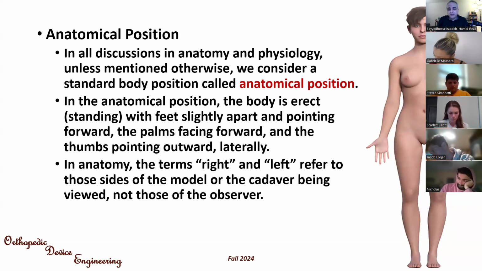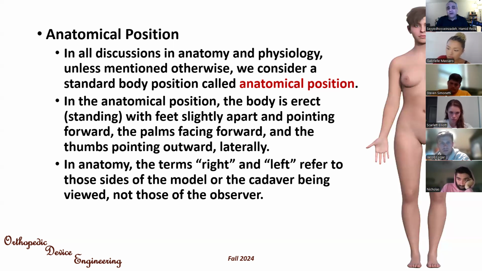Anatomical position is the posture when a person is standing up, erect, the feet are slightly apart and pointing forward, palms are facing forward, and the thumbs are pointing outward laterally, as you see in the picture. So you see the hand, the feet, head, everything are in a predefined location.